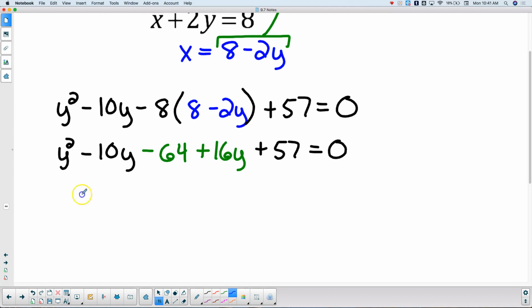Y squared is by itself. Negative 10y plus 16y is plus 6y. Negative 64 plus 57 is negative 7, equaling 0.